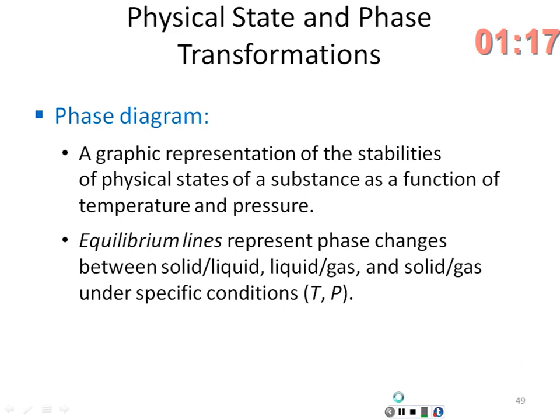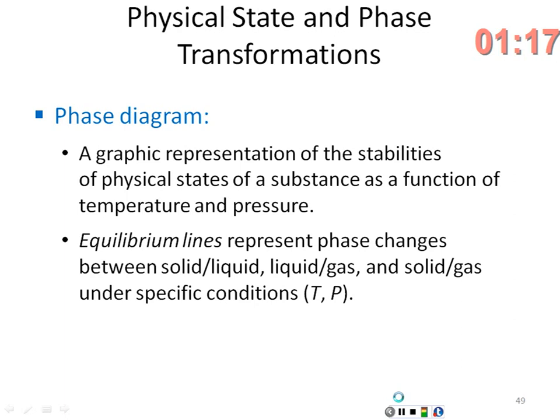An important diagram to really know how to read is a phase diagram. This becomes important in phase transitions and being able to tell what the physical state of a substance is given its temperature and pressure.